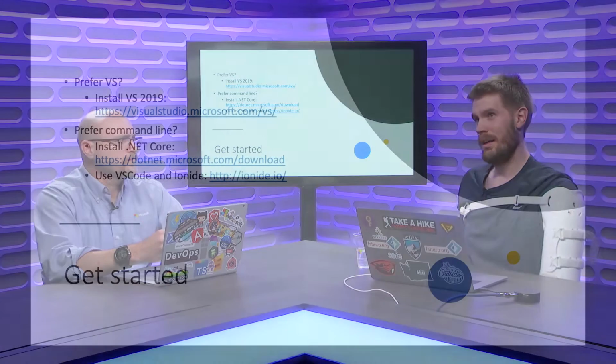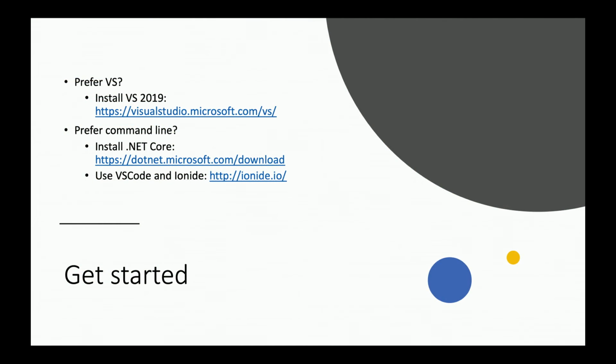So we're going to start off with Visual Studio 2019. The way I like to think about it is your entry point of how you're going to do tests: do you prefer Visual Studio or do you prefer working with command line tools? If you prefer Visual Studio and you're on Windows, go ahead and use VS 2019. It's got everything you need in the box. You just click the download link and everything's there. You have basically zero setup involved.